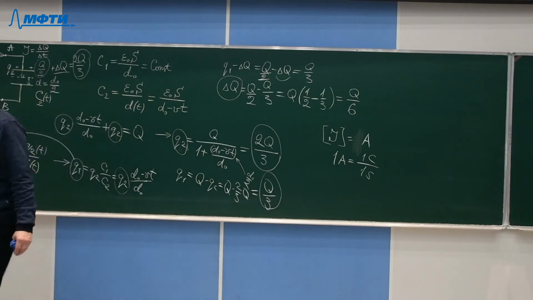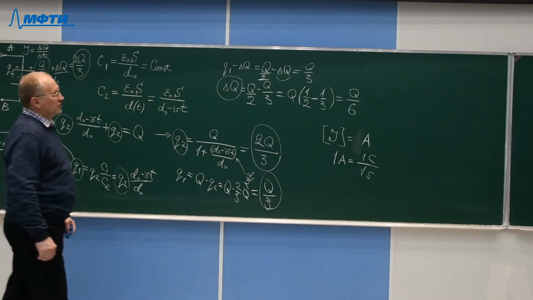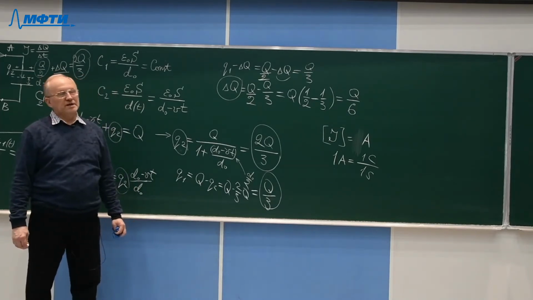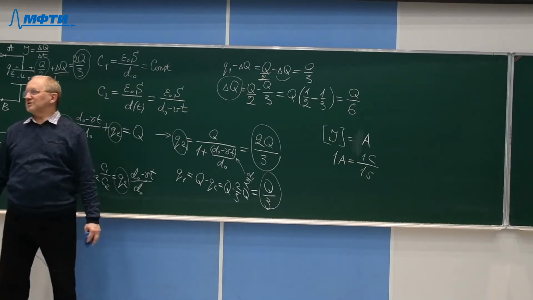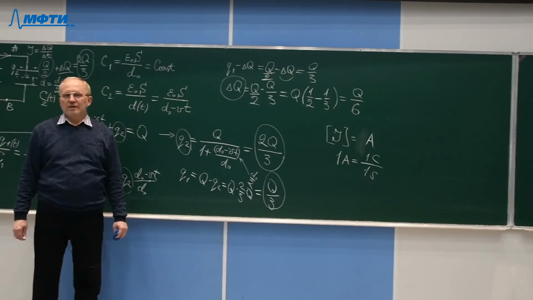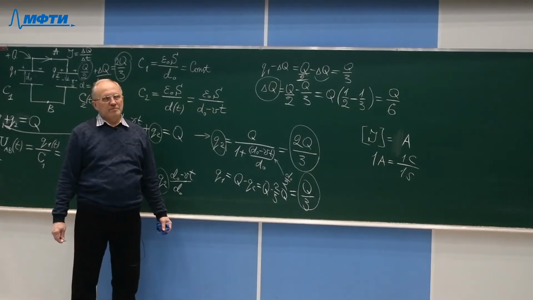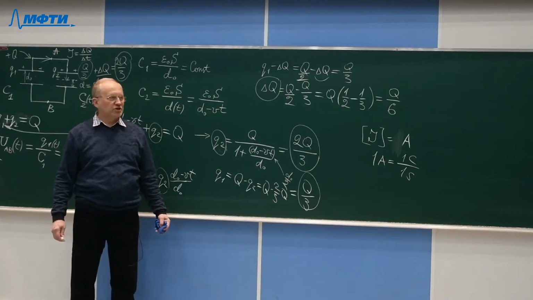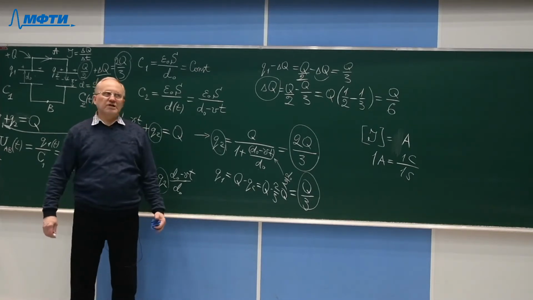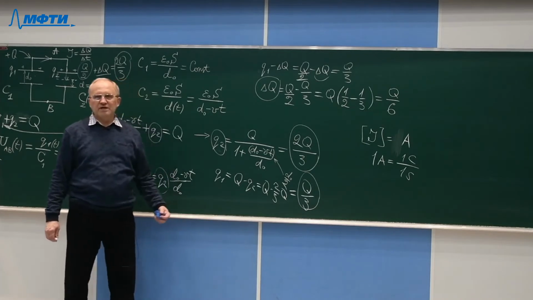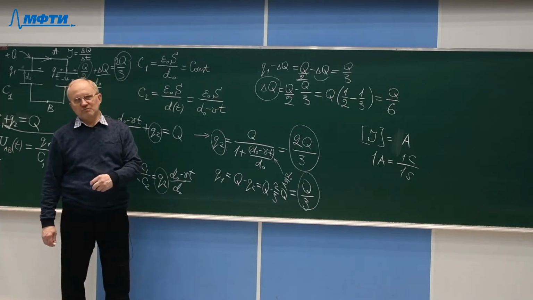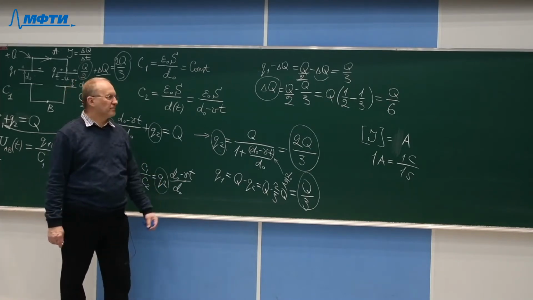In metals, electrical current usually is carried by electrons, but sometimes even in metals, the carriers of electric current are holes or positively charged particles. Also, in semiconductors, electric current is carried both by electrons and by holes. That is, by negatively charged electrons and positively charged holes.